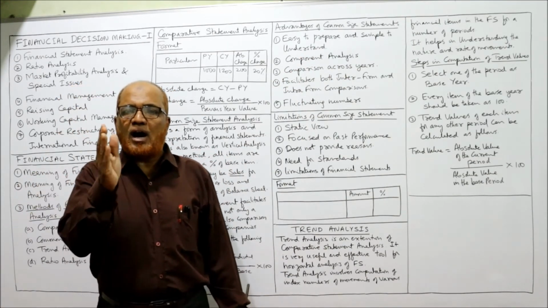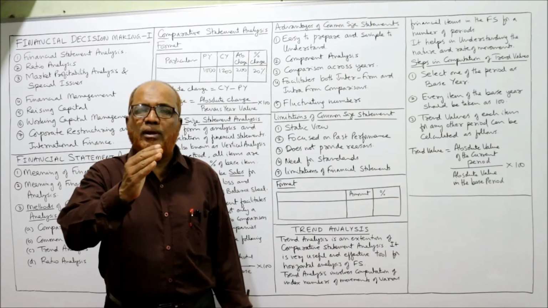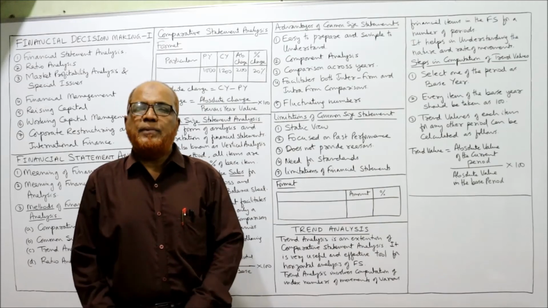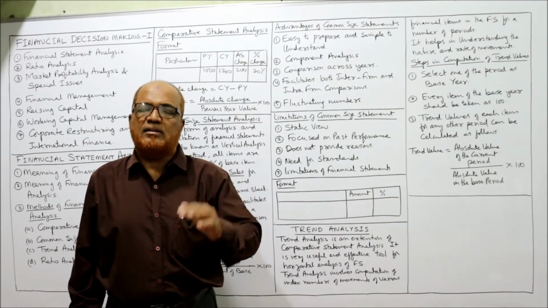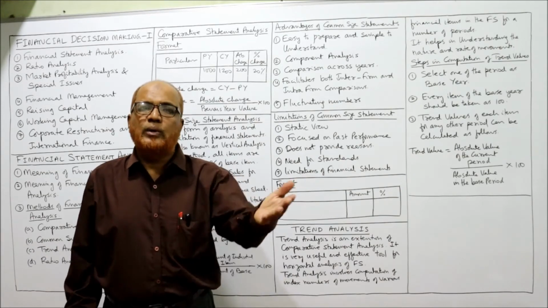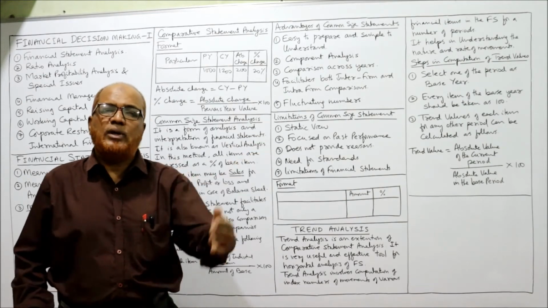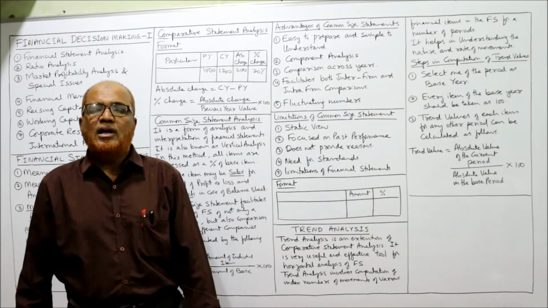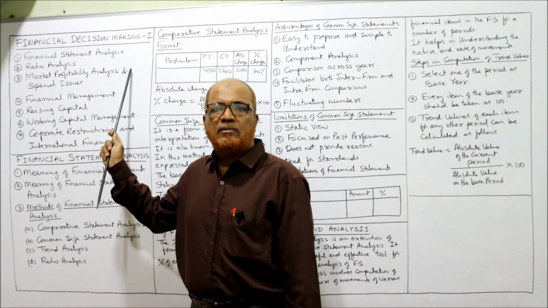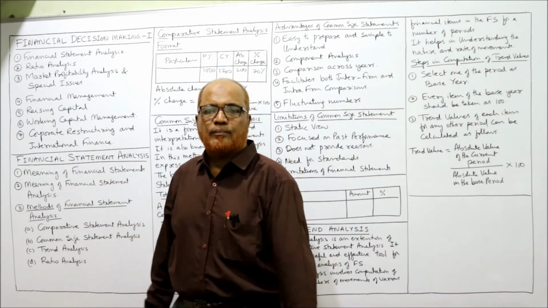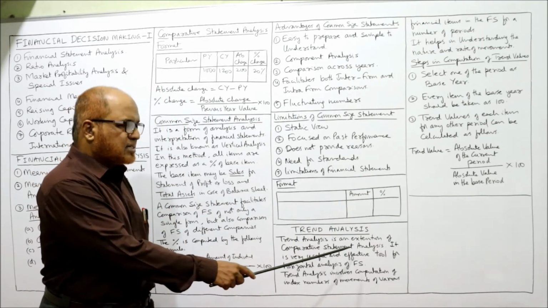That means we are comparing the performance of the company over a period of time, in 4 years, in 5 years, like that. If you want to compare the performance for more than 2 years, use trend analysis. If you want to compare the performance of only 2 years, comparative is enough. So trend analysis is an extension of comparative statement analysis.